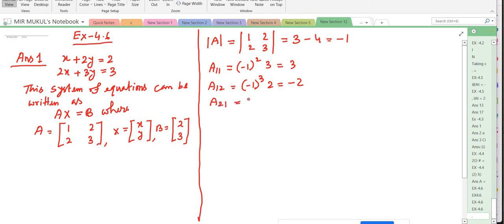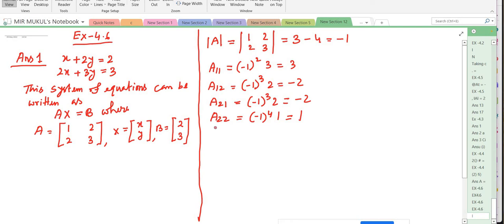A21 is minus 1 to the power 3, and this is also 2, so minus 2 we are getting. Then A22 is minus 1 to the power 4, and the minor will be 1, so it will be 1.